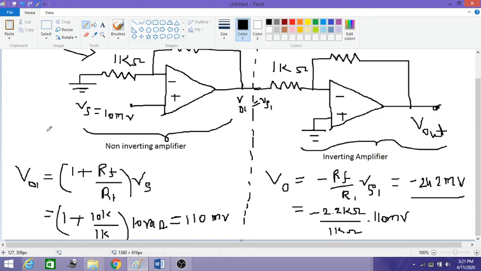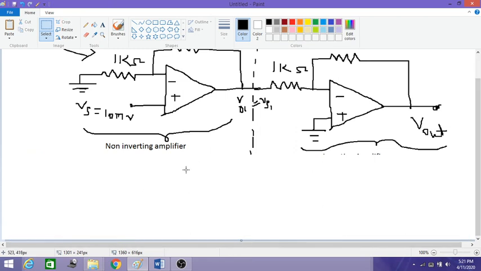So if I talk about the second method of analysis, I'll have to clear this. So the second method of analysis is we'll calculate the closed loop gain for the first circuit and the closed loop gain for the second circuit, and then we will multiply both the gains, and then we will multiply that with the final input. So that is another method. So let us do that. So AF1 is equal to, we know that it is 1 plus RF by R1.